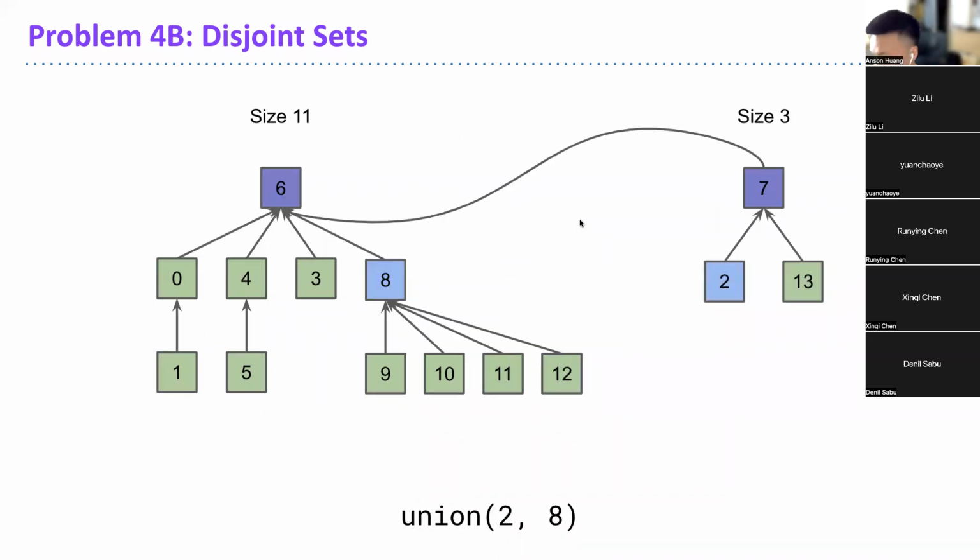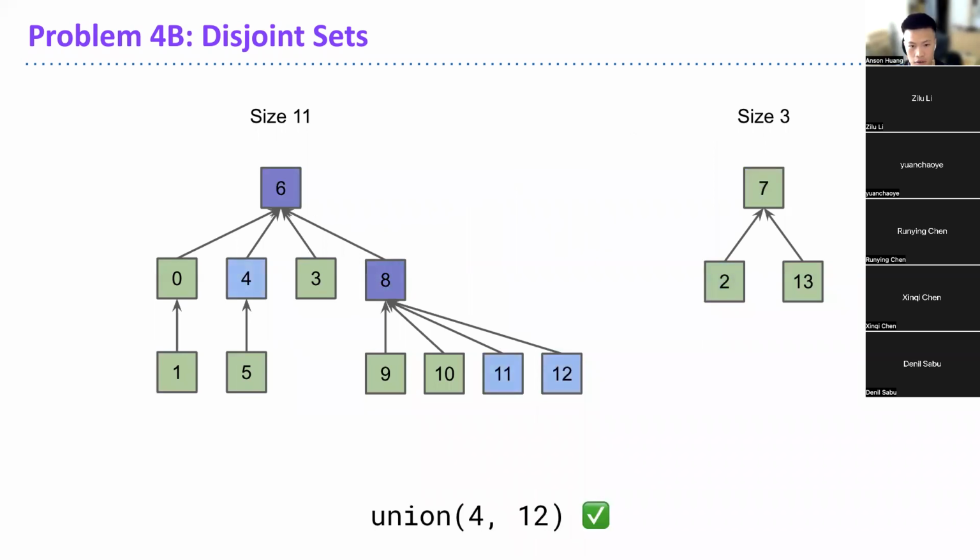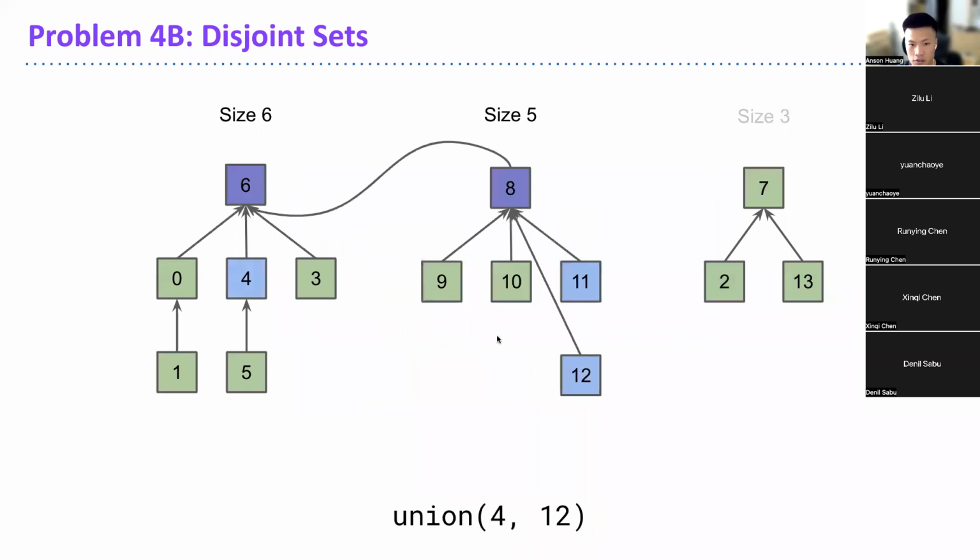If 12 had children, would the children also point to 8? So no. If 12 had children, like maybe 13 points to 12, then its children wouldn't also point to 8.